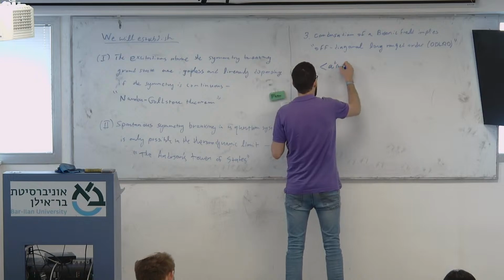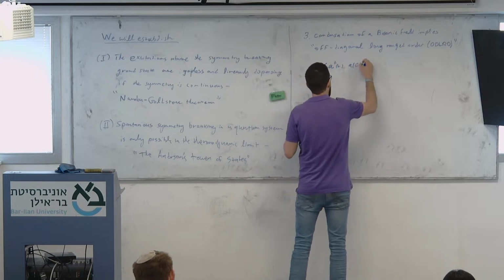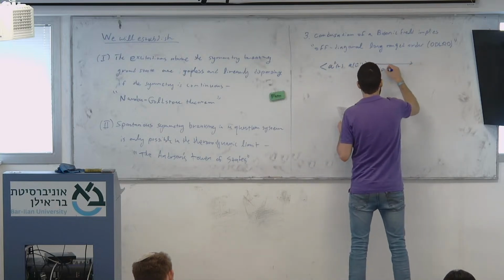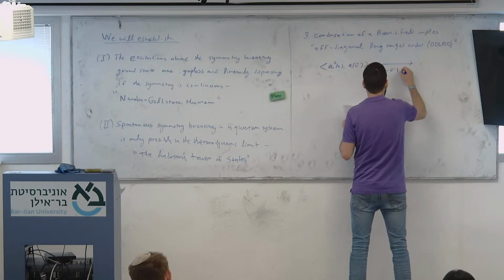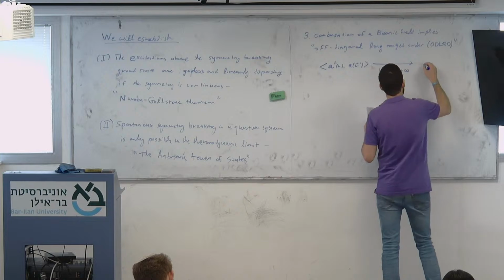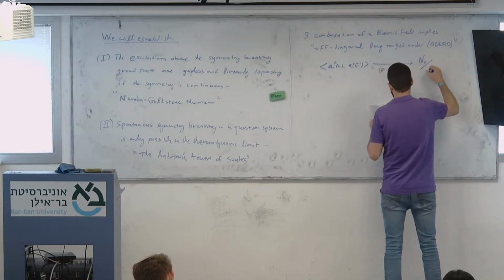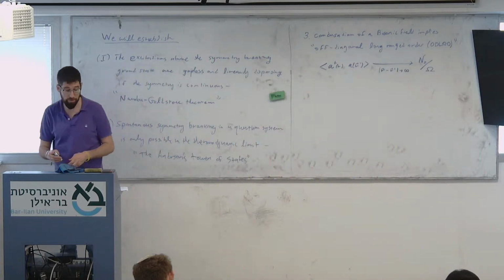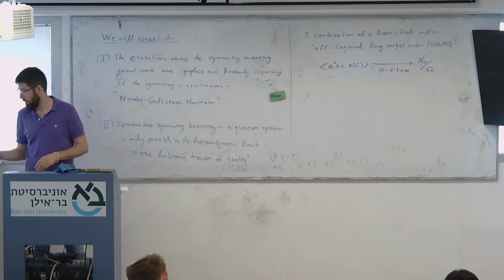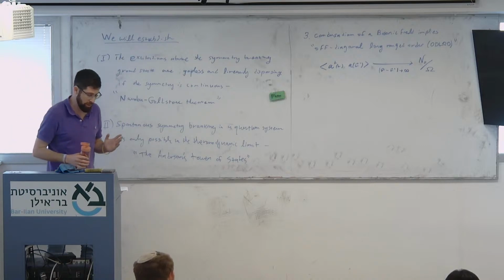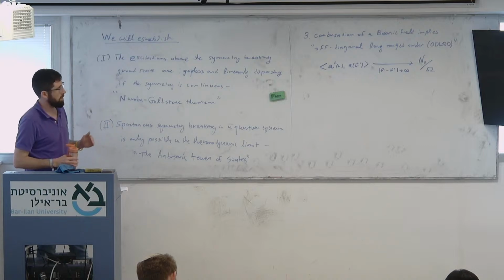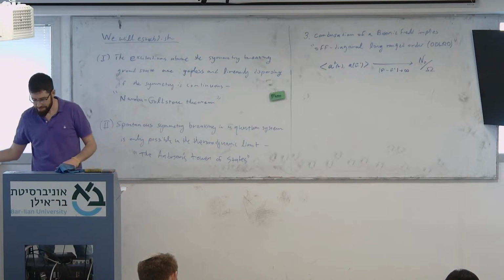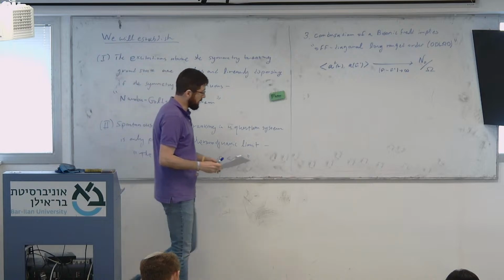Okay, so what that means is that the correlation function A dagger of r, A of r prime, in the limit where you take the distance r minus r prime to infinity, actually goes to the condensate density. Okay, and it means that there is some phase. It means that there is phase coherence, which is long-ranged.